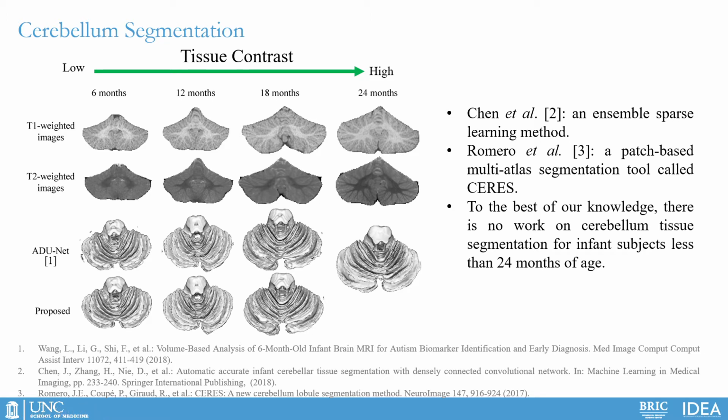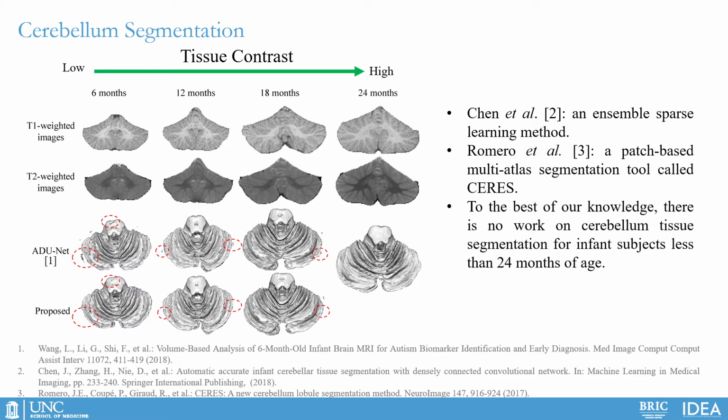However, directly applying the model trained on 24-month-old subjects to younger infants cannot derive satisfactory segmentation results. As shown in the third column, there are some unreasonable results circled by red lines. Therefore, in this work, we propose a method to improve the cerebellum segmentation.